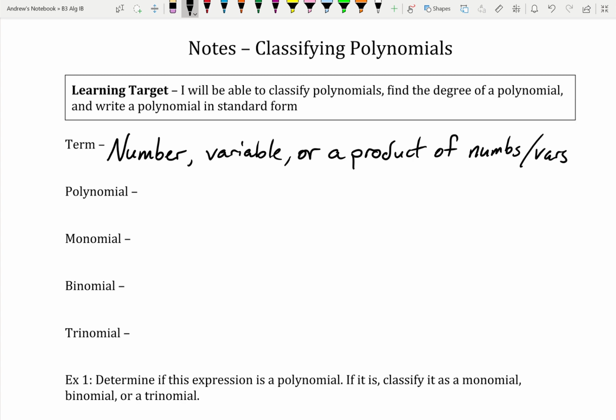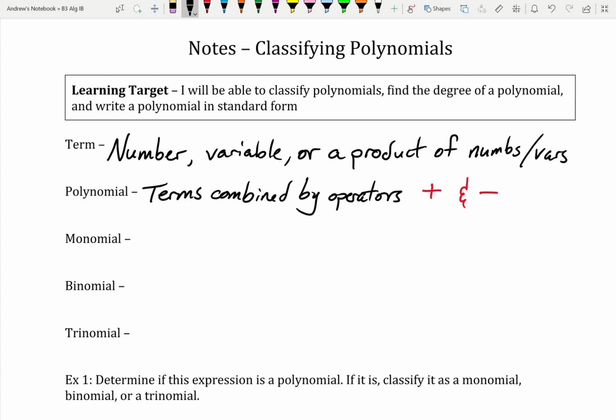So a polynomial is what we have when we have terms combined by operators. Don't forget that operators are the things that we do. In general terms, the operators are adding, subtracting, multiplying, and dividing. But we're specifically focusing on polynomials, which are plus and minus.